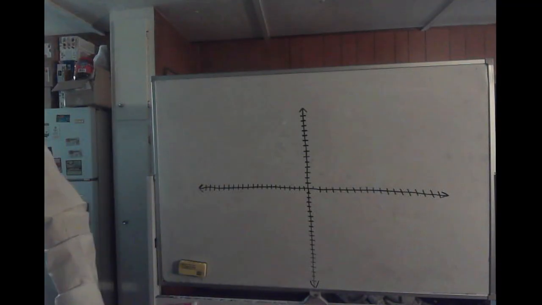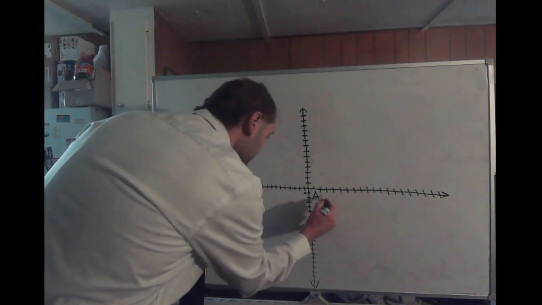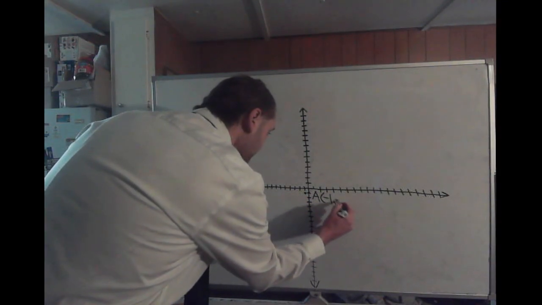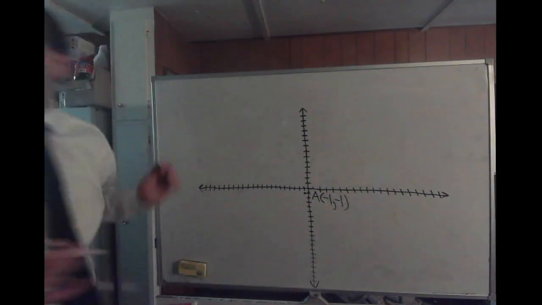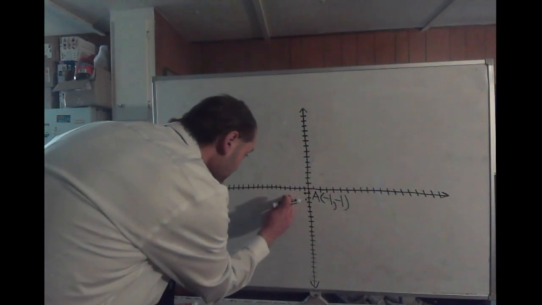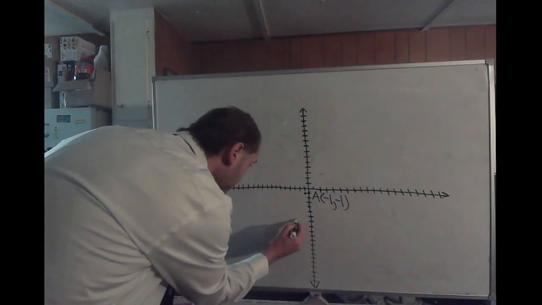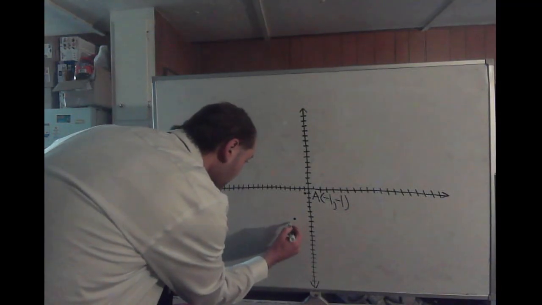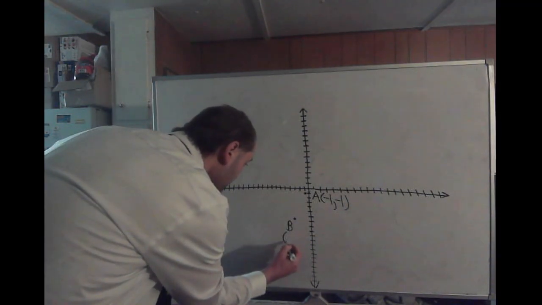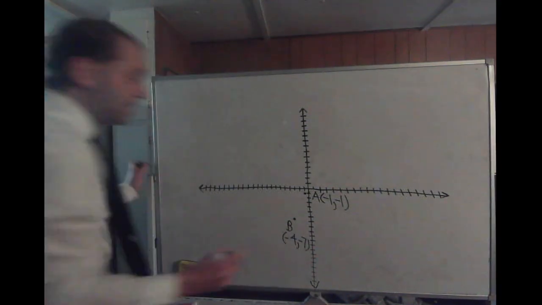Let's see, we're going to go from point A, which is at -1, -1. So there would be point A at -1, -1. Point B is located at -4, -7.